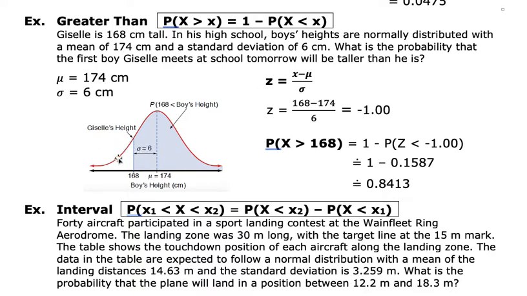And the part that we want to get rid of, this is like the indirect method because we're going to exclude the component that we do not want. 1 minus the probability that x is less than 168, so the total, 1, minus this component will give us the area that is greater than that point. And that's the strategy that is used for areas underneath a curve to the right of a particular value.